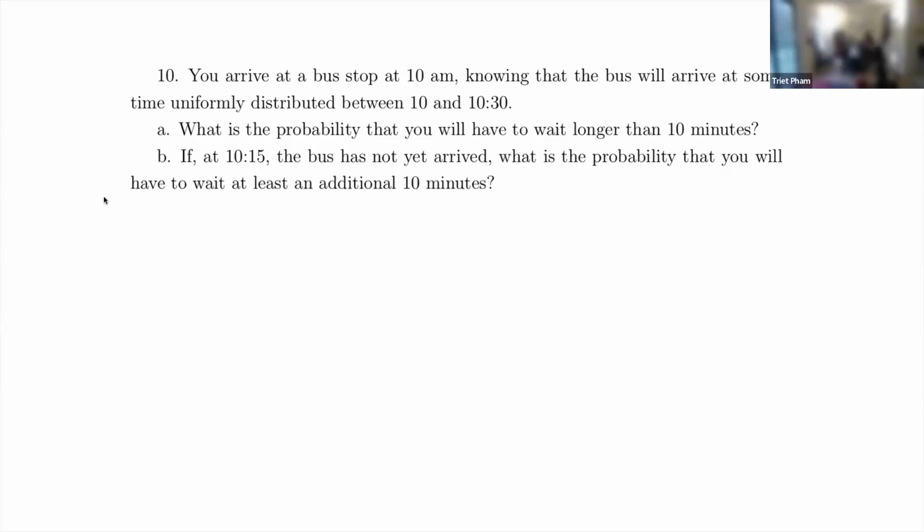There's not much to this question besides interpreting the statement. The bus arrives from 10 to 30, and having to wait longer than 10 minutes is the same as the probability that the bus will arrive after 10:10, which of course is 2/3. So that's easy.